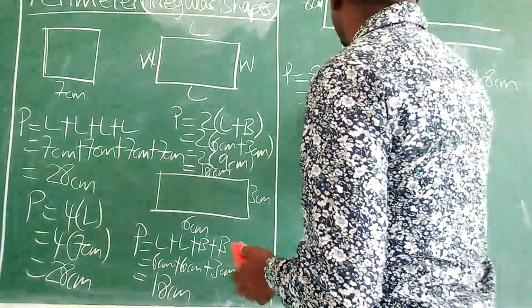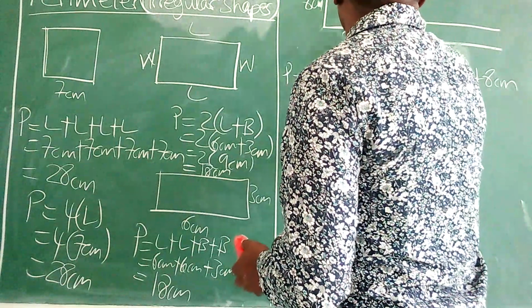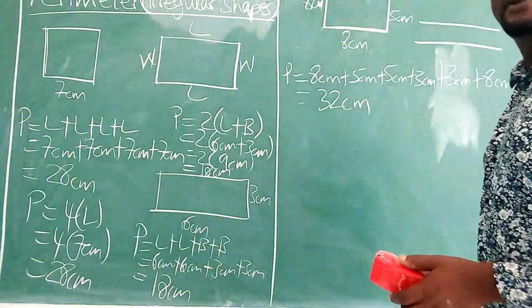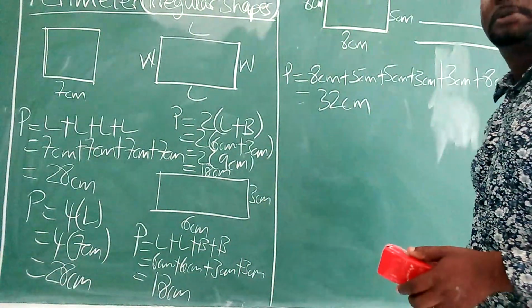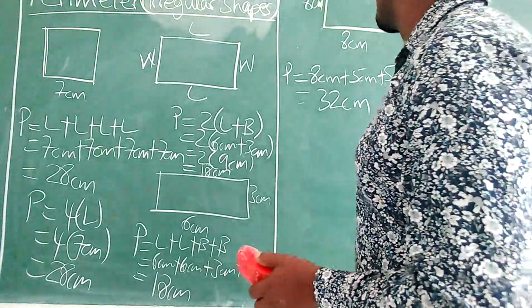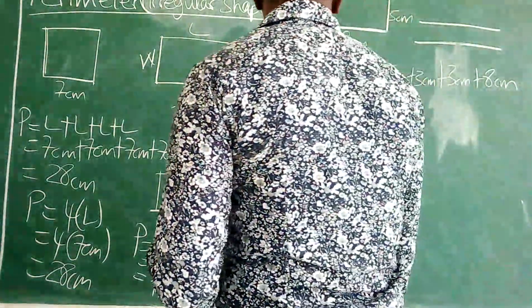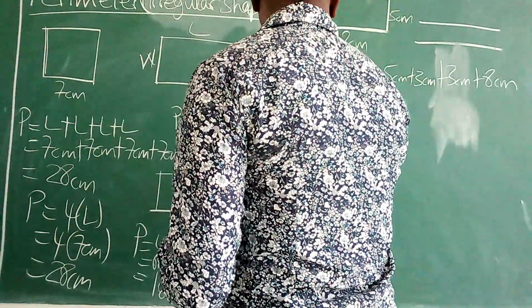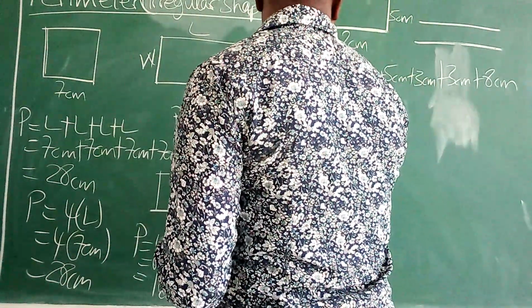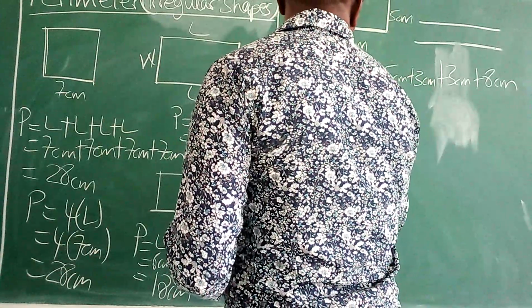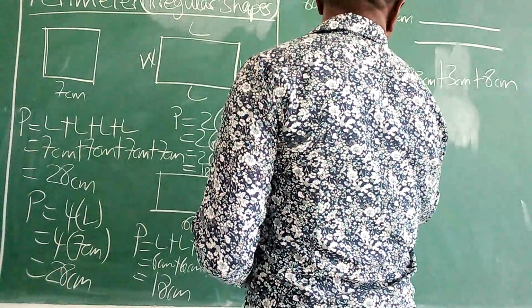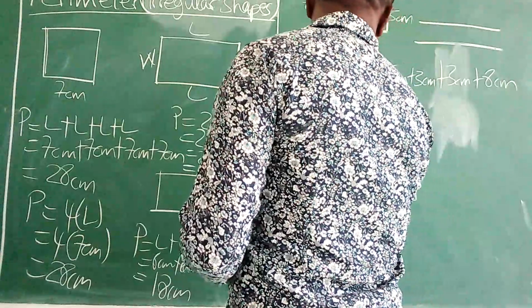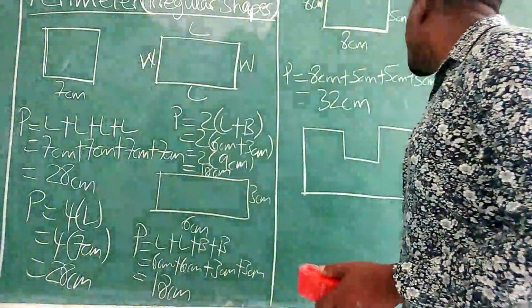So we'll get 32 centimeters. So this shape, the perimeter is 32 centimeters. Now let's take another shape. So if I have this one, this is another irregular shape.